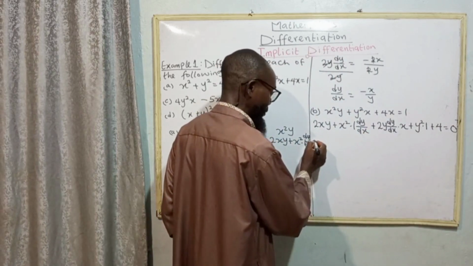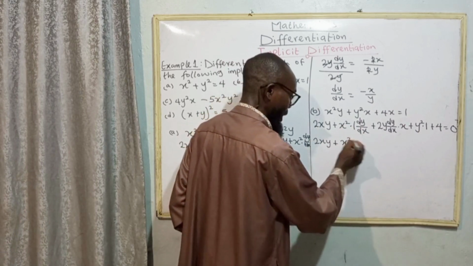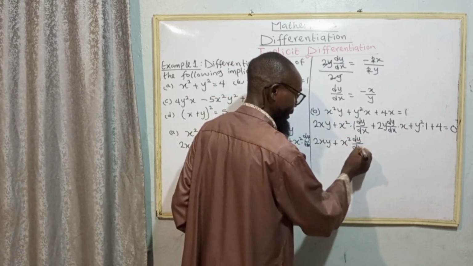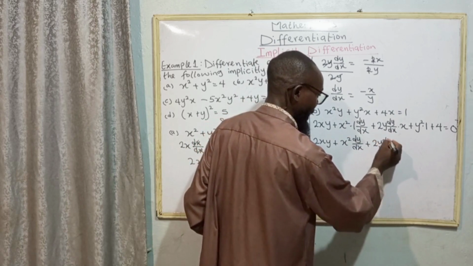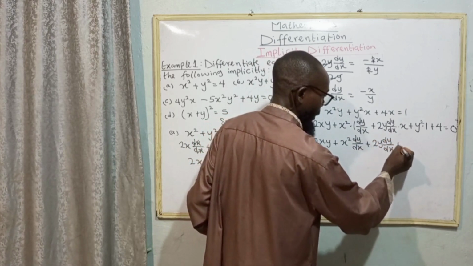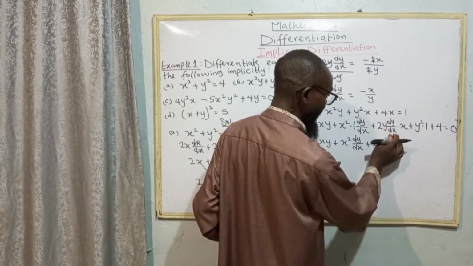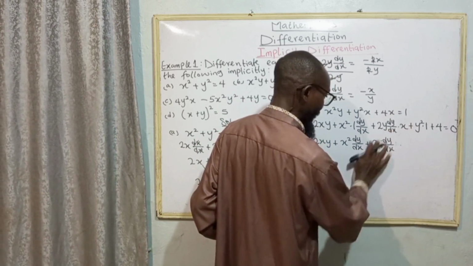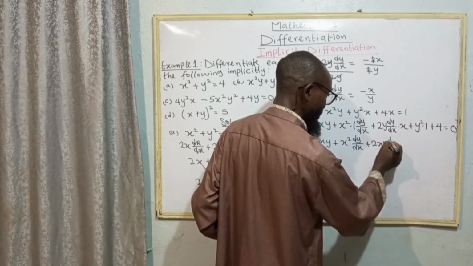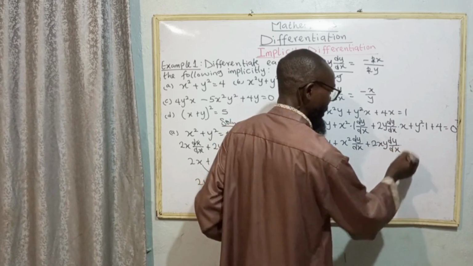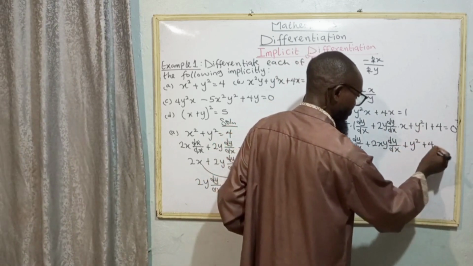Fine. Then I have 2xy plus x squared times 1, x squared dy/dx, plus 2y dy/dx times x. So 2y times x, I'm going to have 2xy dy/dx, plus y squared times 1, y squared, plus 4 equals 0.